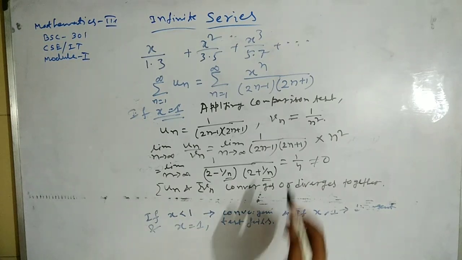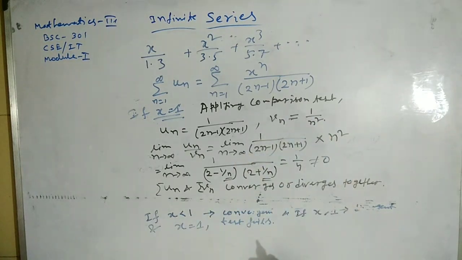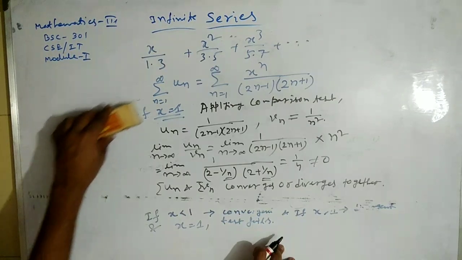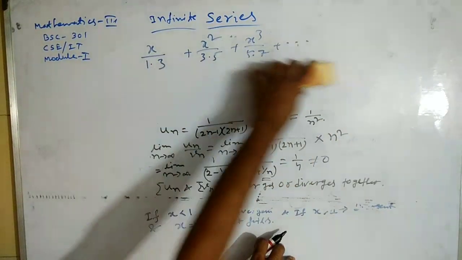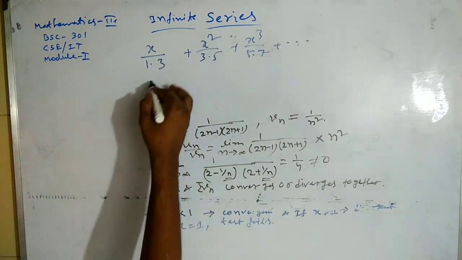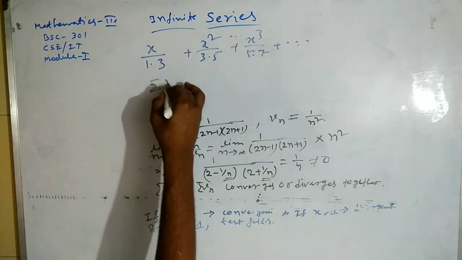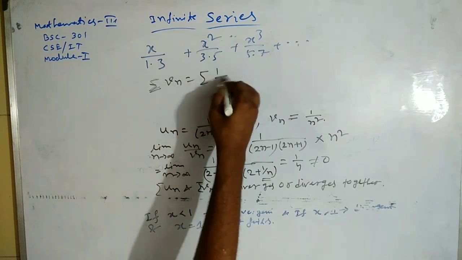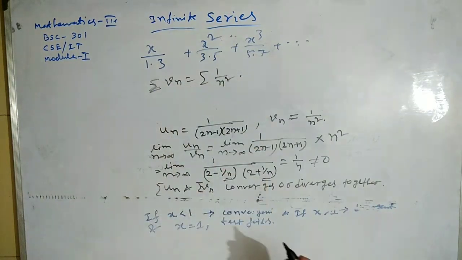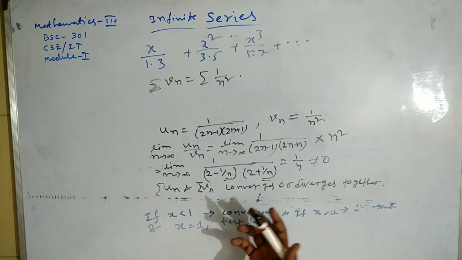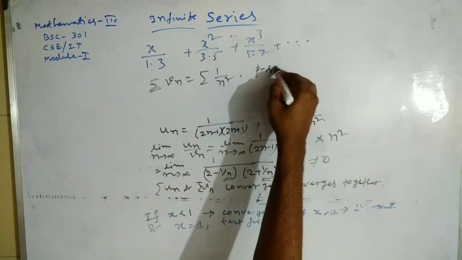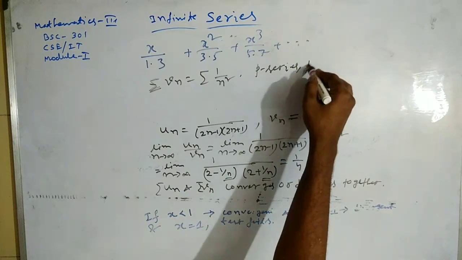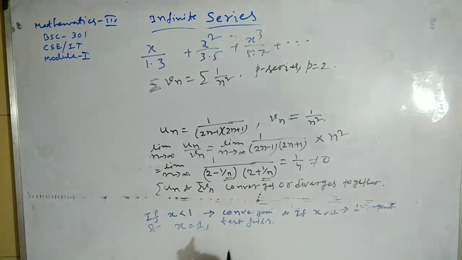Now what is summation vn? Summation of 1 by n square. This series is in the form of a P series, where P is equal to 2.